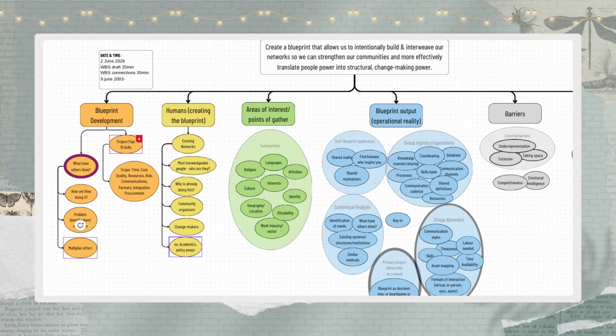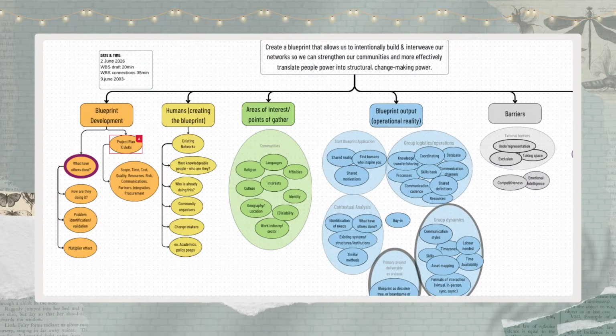And then we got into the yellow category, which we titled humans. Because Lizzie and I don't know everything, in fact we know very little, we acknowledge that there are going to be other people that we're going to have to interview, talk to, and read their work.